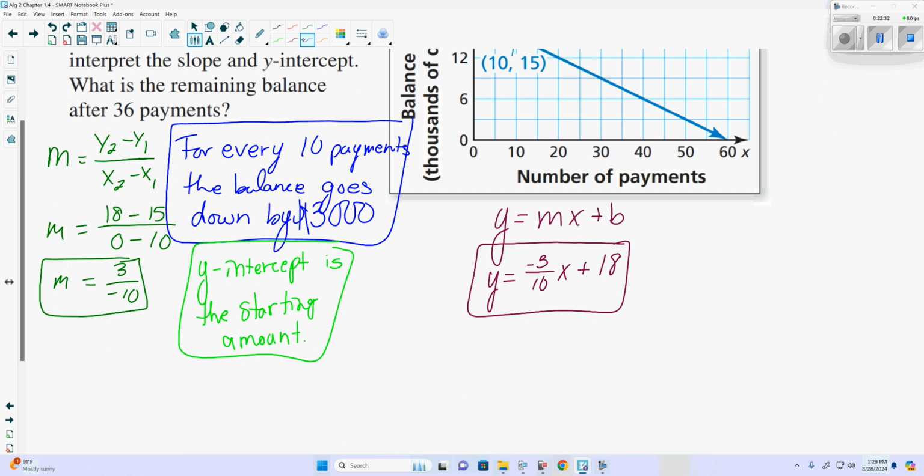It's going to be x, because if we look at the graph, the x-axis is payments. x. So we would plug the 36 in for x. Now at this point, again, we can type the whole thing into the calculator.